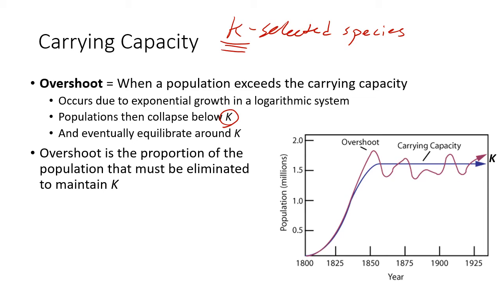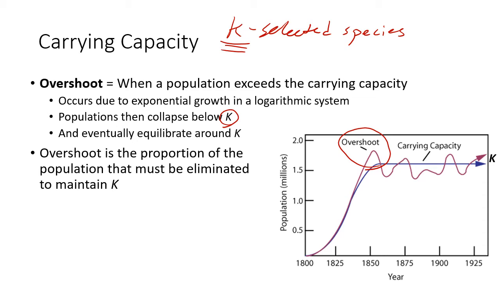Okay, so overshoot. Overshoot happens right here, when a population exceeds its carrying capacity. Essentially, biotic potential has so much momentum, and the animals, moose, deer, wolves, bison, whatever, don't know what carrying capacity is. They don't take a census of their population and say, oh, okay, guys, we have 100,000 bison in this herd and we can't breed anymore.